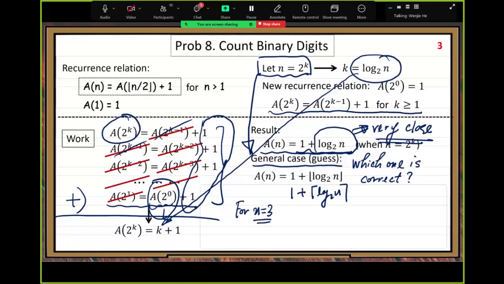Let's plug in n equals 3 and see which formula gives us the correct answer. First, the binary representation of 3 is 1, 1, right?